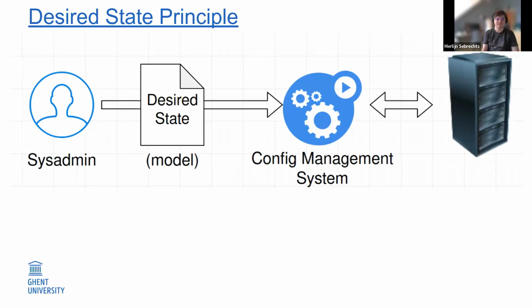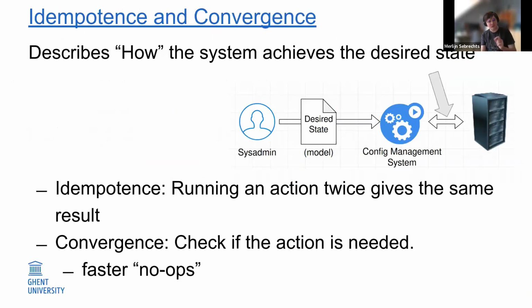Then I want to talk a little bit about idempotence and convergence, because these are words that you often see when you are looking into the documentation of configuration management systems. It basically describes how the system achieves the desired end state. Idempotence means that running an action twice gives you the exact same result.